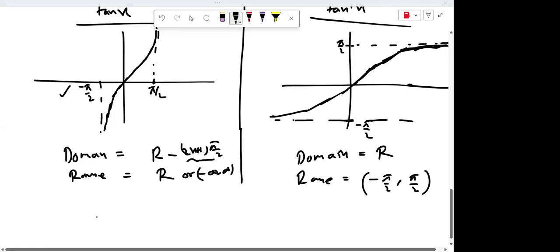So what is the range for tan x? The range for tan x is R, all real numbers, minus infinity to infinity.